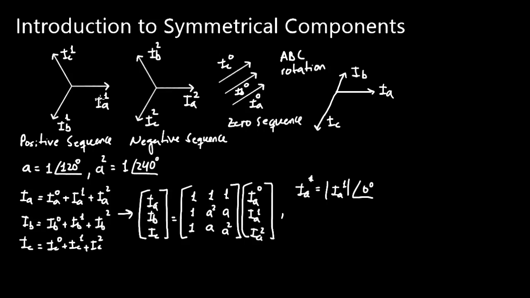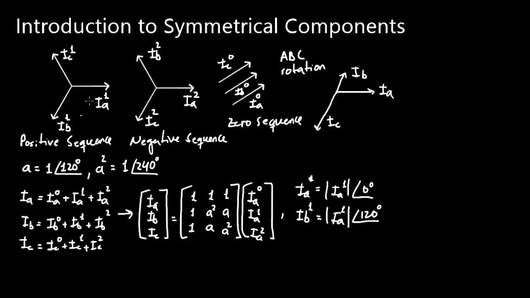That's pretty obvious. We've defined IA1 over here. But then I can say then that IB positive is equal to the magnitude of the positive sequence A phase current. And again, for a balanced set, we're assuming that all the magnitudes are going to be of the same value, but shifted by 120 degrees.